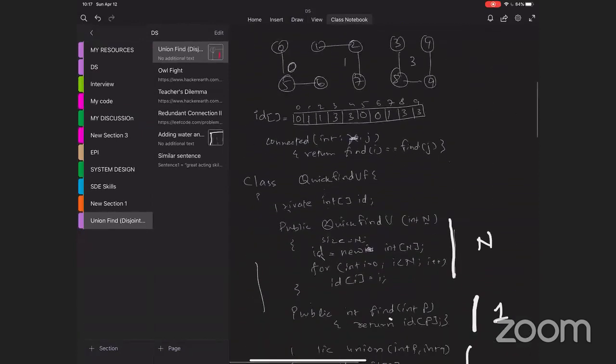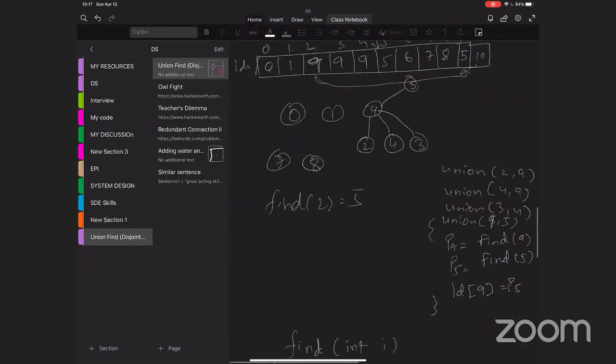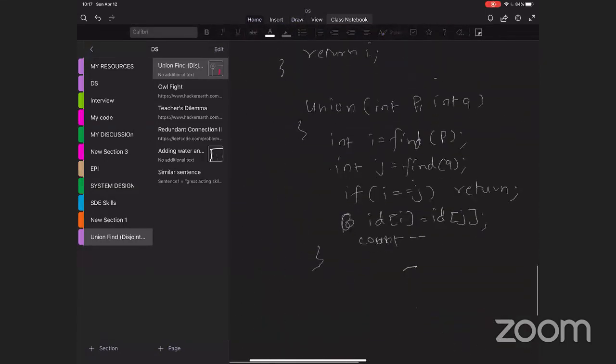I have a private integer count also, and that count is initialized with how many elements we have in the beginning. So this is how we maintain count. If we connect, we reduce it. Otherwise, we don't do anything.